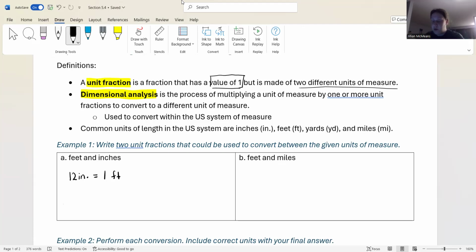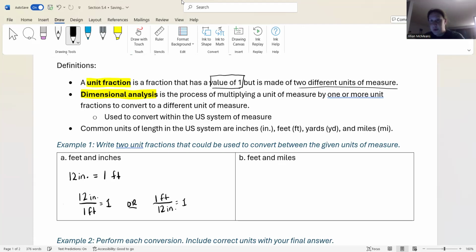So to create a unit fraction, I could put 12 inches over 1 foot. That is a fraction that equals 1, the exact same length divided by the exact same length. Or we could have 1 foot over 12 inches. These look very similar, but the numerator and denominator flip-flop.